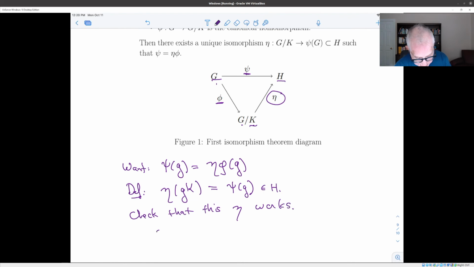So first of all, is it well defined? For that, we need to know that eta of gk has to equal eta of g prime k if gk equals g prime k.